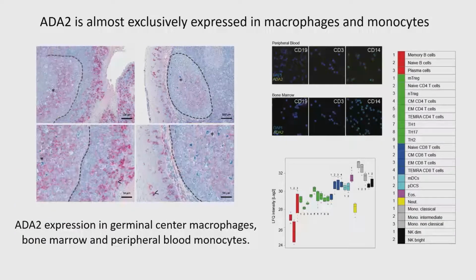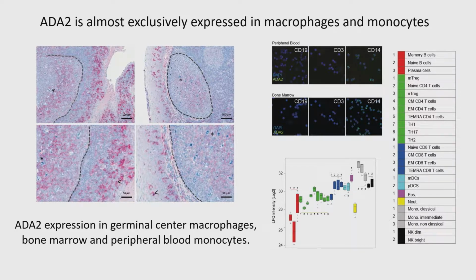As you can see here, using different technologies, we observed that ADA2 is almost exclusively expressed in macrophages and monocytes. Here you see secondary lymphoid organs, with germinal center macrophages expressing ADA2. This is an immunofluorescence of peripheral blood and bone marrow, showing that only CD14 cells express ADA2.